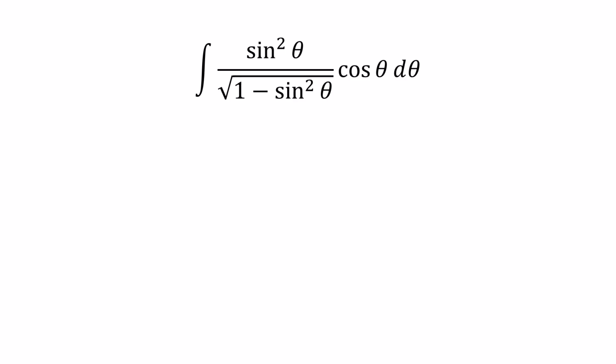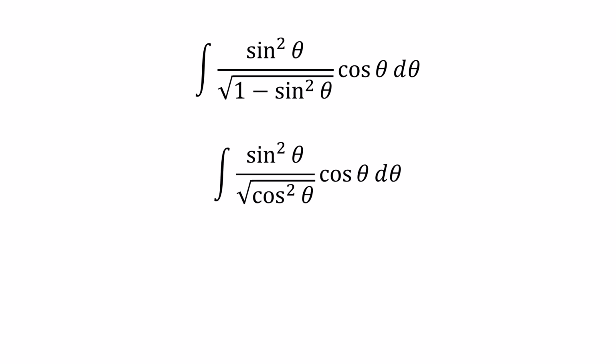Applying the Pythagorean identity gives the integral of sine squared of theta over the square root of cosine squared of theta cosine of theta d theta.